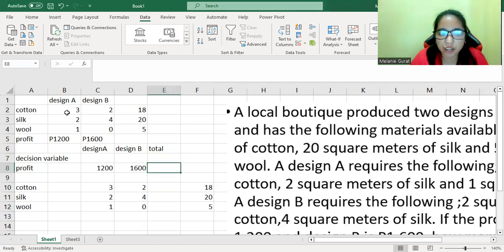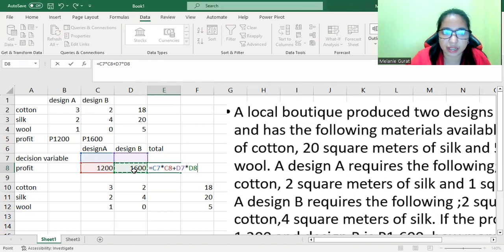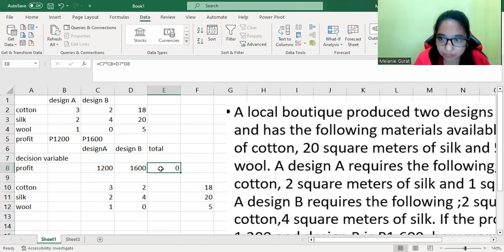The objective function is to compute the number of design A that will be produced multiplied by the profit of 1,200, plus design B multiplied by 1,600. This is our objective function, and it's entered in this cell.